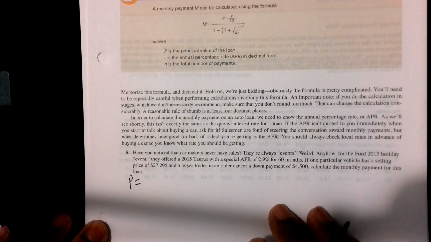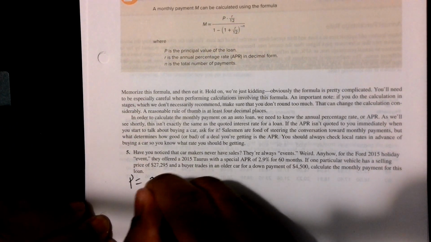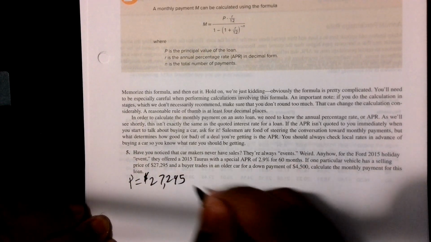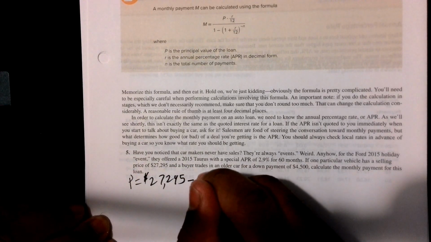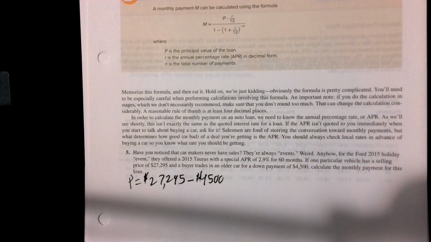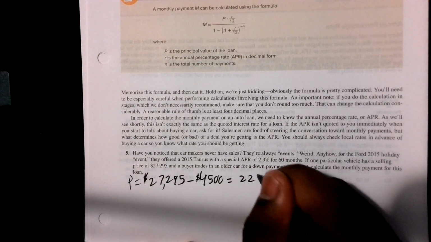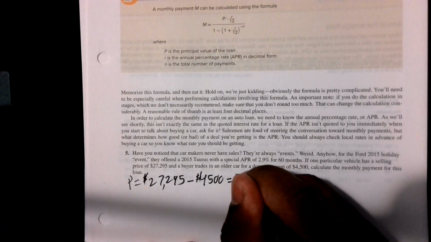Okay, first of all, the principal. The principal is supposed to be $27,295, and then we have to subtract the down payment, which is $4,500. Now when we subtract this, our new principal amount would be $22,795.